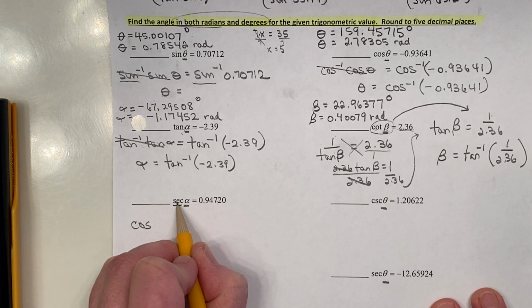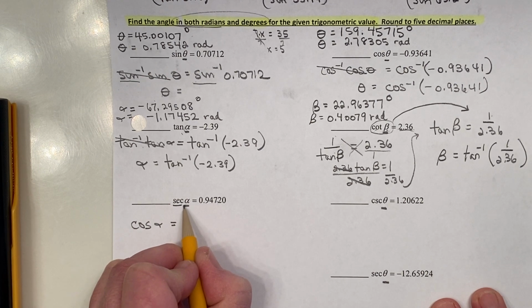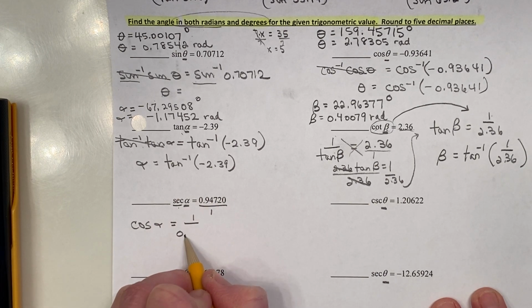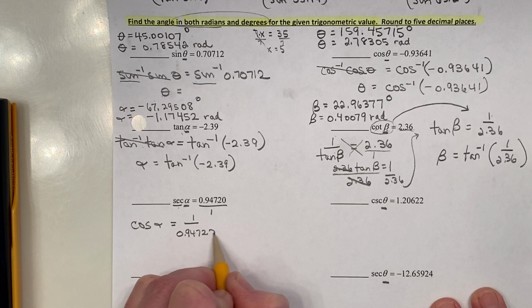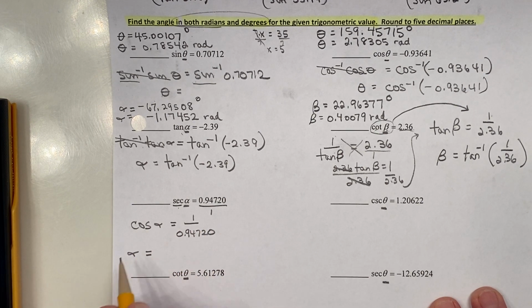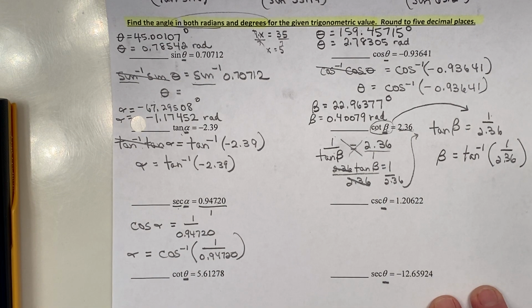So I would rewrite secant as cosine of alpha equals, but if I reciprocate on this side of the equation, I've got to reciprocate on the other side of the equation. Bring in arc cosine to both. So the setup is going to be alpha equals arc cosine of this fraction. Go to the calculator, find two answers.